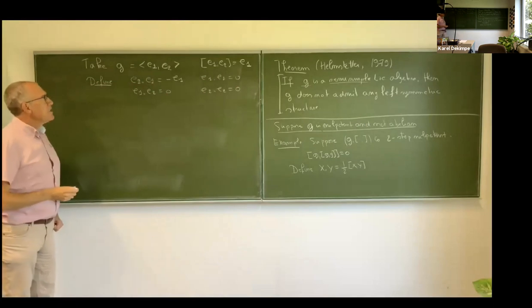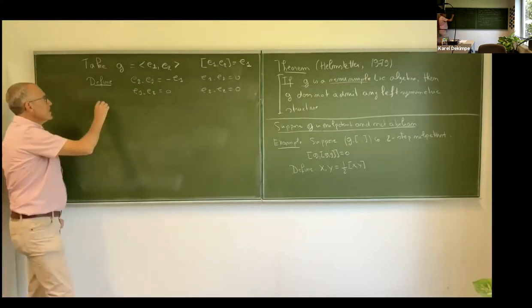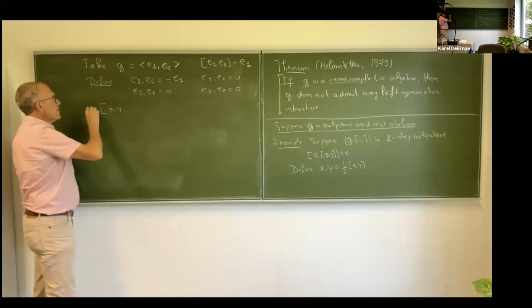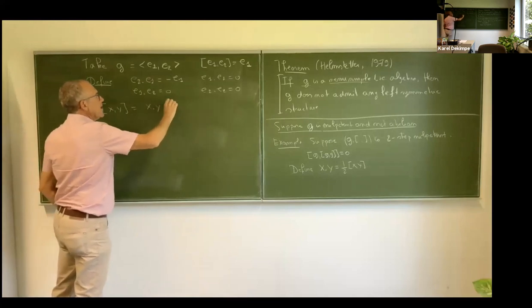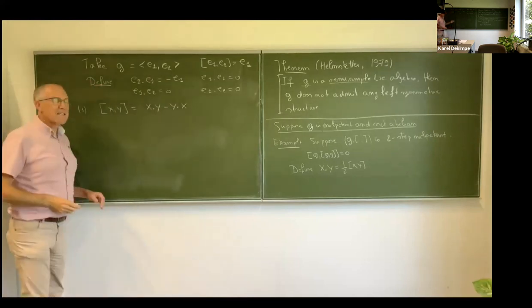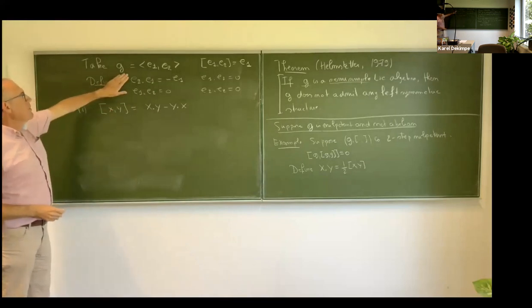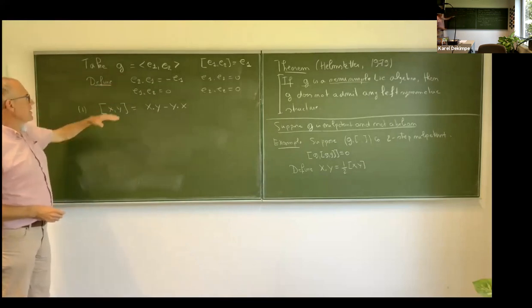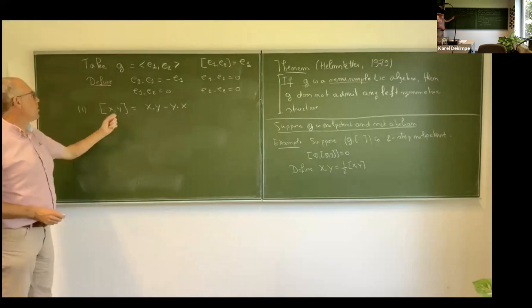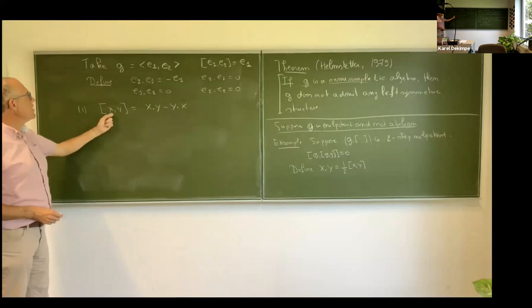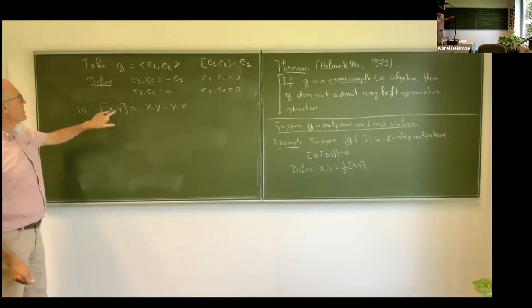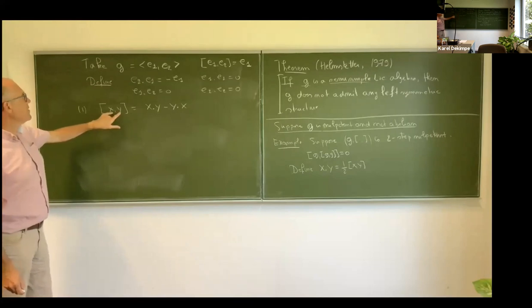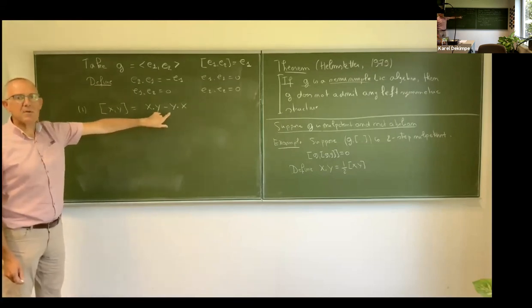Now again, I have to check if the conditions are satisfied. So we need that, first of all, the bracket of x and y has to be equal to x times y minus y times x. Since I'm working with the bilinear product, it's enough to check this condition for x and y equal to one of the basis vectors. If I do this for all possible combinations of basis vectors, I'm done. Of course, if x equals y, I have 0 on the left-hand side and 0 on the right-hand side, so I do not have to check this.